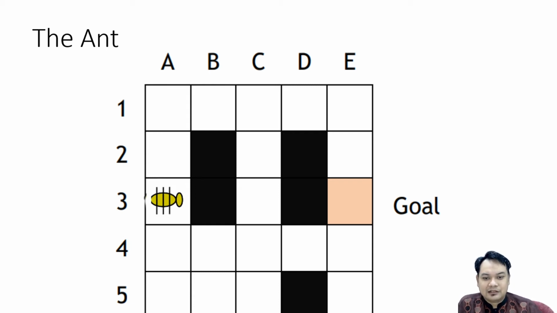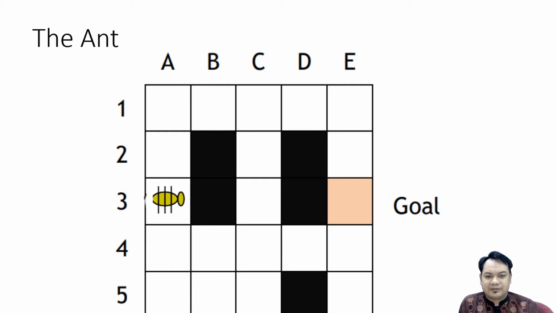Either A2 or A4. Even if we know the answer logically, we have to prove it mathematically, using the A-star algorithm, based on its cost and heuristic.